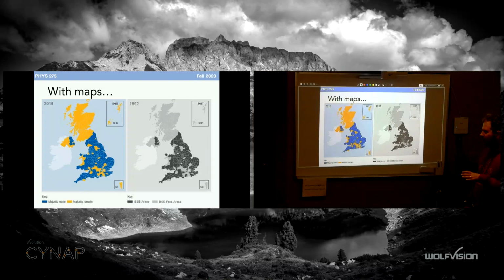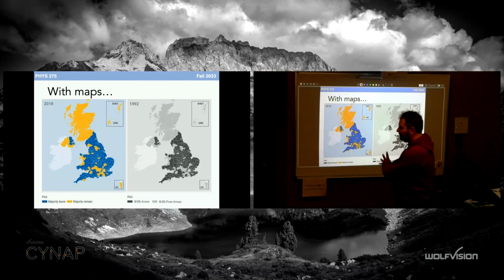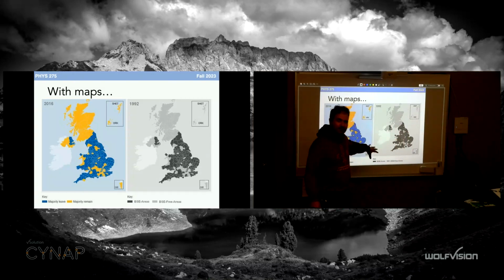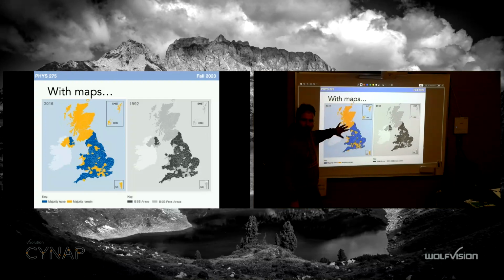My favorite thing with maps is that 99% of the time when you put two maps together, especially when you bin it, understand that when you map something by county, you are by definition binning it. You're putting in, like, all the people that voted Remain in the blue areas, for example, you've left those out. You've moved that detail out of your map. It's no longer there.